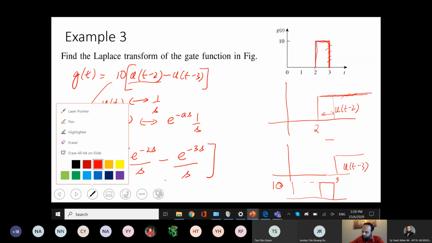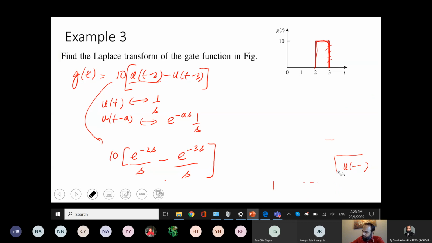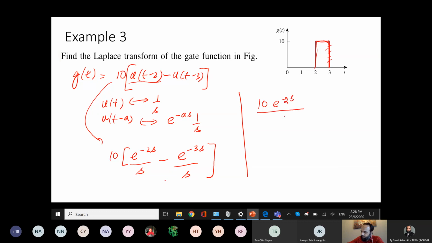And we can again simplify it as 10 e to the minus 2s upon s times 1 minus e to the minus s.